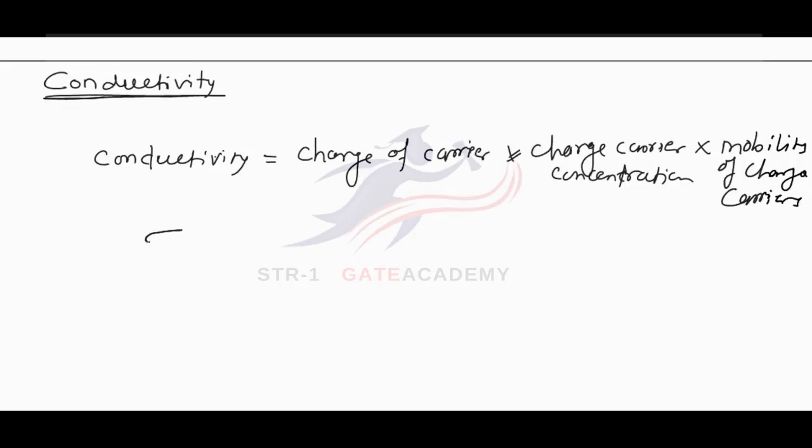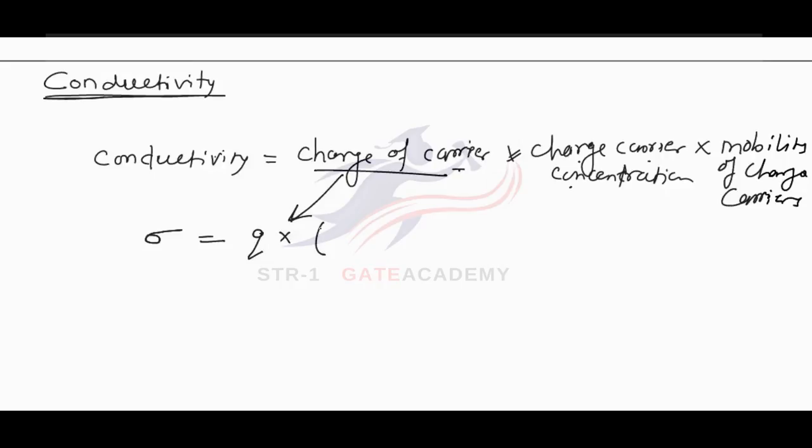Conductivity is represented by sigma, and it can be written as charge of carrier. There will be two types of charge carriers, that is electron and hole. For both, the charge of carrier will be written as q. Second quantity, charge carrier concentration. Charge carrier concentration means electron and hole concentration.